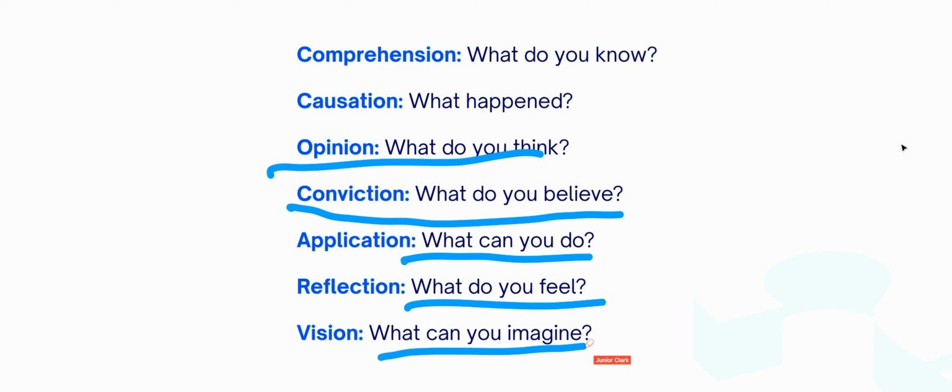Here's a question that I think is really underrated. Causation. What happened? What I have found over time is that my perspective of what happened and your perspective of what happened and someone else's perspective of what happened, not the same, even though we're in the same situation. Even though you have the same data set.